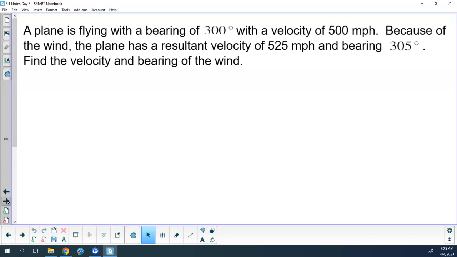So the first sentence: a plane is flying with a bearing of 300 degrees and a velocity of 500 miles per hour. If I go back to our A plus W equals G equation, that first sentence, is that A, W, or G?